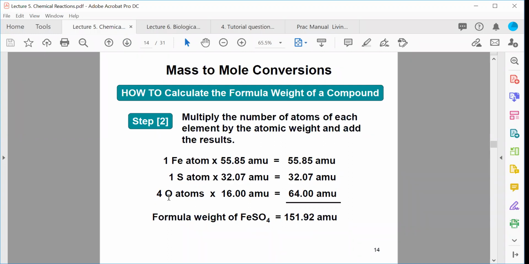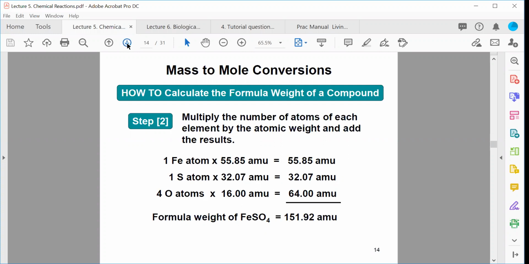And then we've got 4 oxygens. If you look up the atomic weight of oxygen, you will find that it is 16 AMU. We've got 4 of them for a total of 64. So the total formula weight that we have here for this compound is 151.92 AMU. All right, quite straightforward if you had the periodic table in front of you.